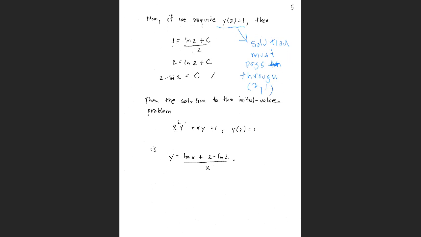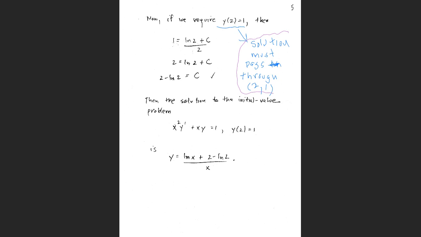We can graph a function, but now of this family of solutions, we want our solution, and we're adding what's called an initial condition. We want our solution to pass through the point (2, 1).